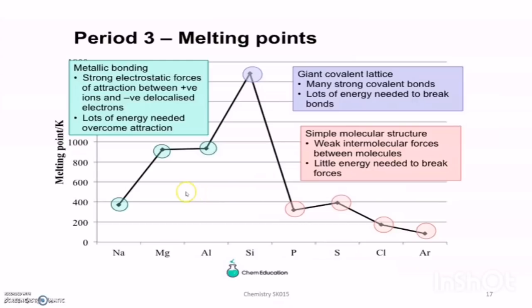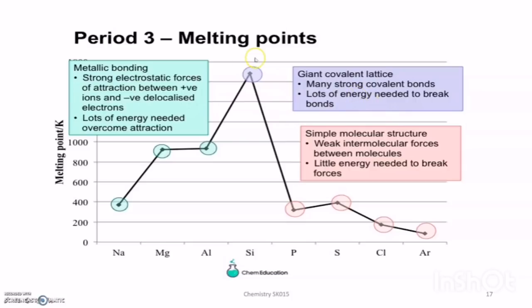Alright, so take a look, why do we have variance, or different melting points, represented by sodium, magnesium, aluminium. We study the metallic bonding, which is a strong electrostatic force of attraction between positively charged ions and the negatively charged delocalized electrons. Alright, a lot of energy is needed to overcome the attraction.